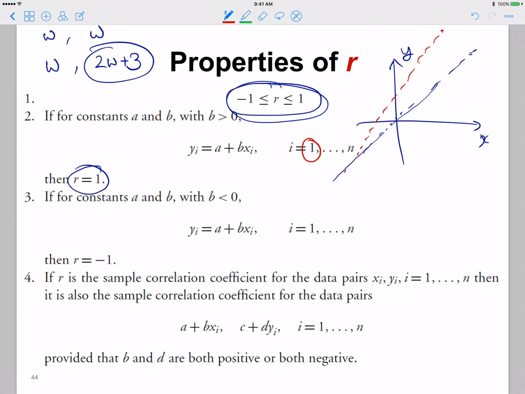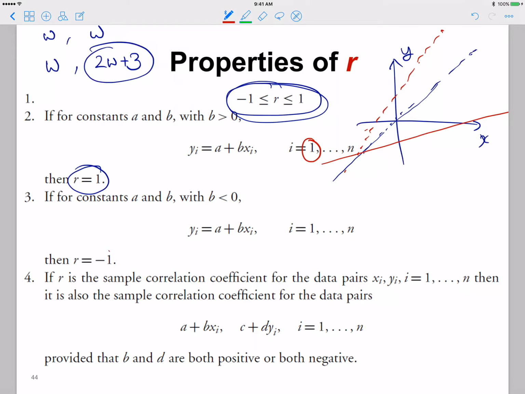And one thing to note is the slope doesn't actually matter. Whether the slope is 100, or 1 over 10, or 10 or 5, it doesn't matter. As long as they have a positive slope, the correlation coefficient will always be 1.